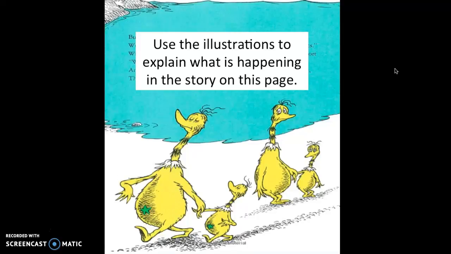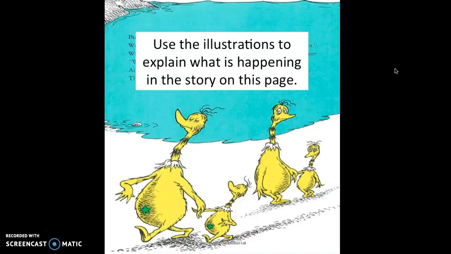Let's talk about it. I can see again that the Sneetches that have the stars look like they don't want to have anything to do with the Sneetches that have no stars on their bellies.